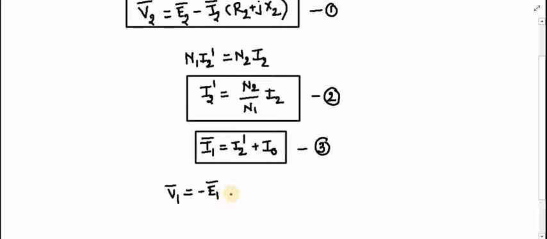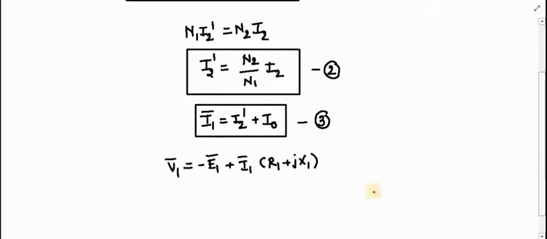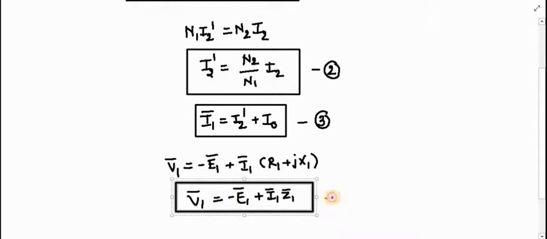So it is written with a negative sign: V1 equals minus E1 plus I1 into (R1 plus jX1), or V1 equals minus E1 plus I1 Z1. Let us call this equation number 4.